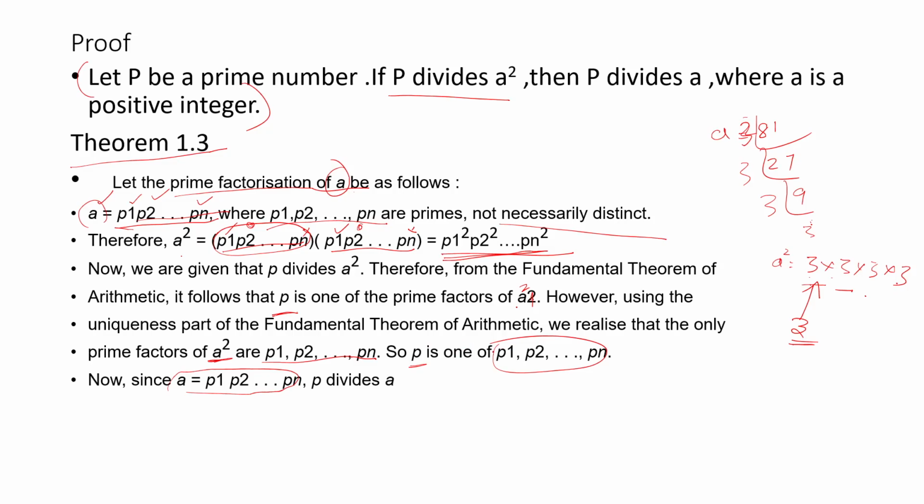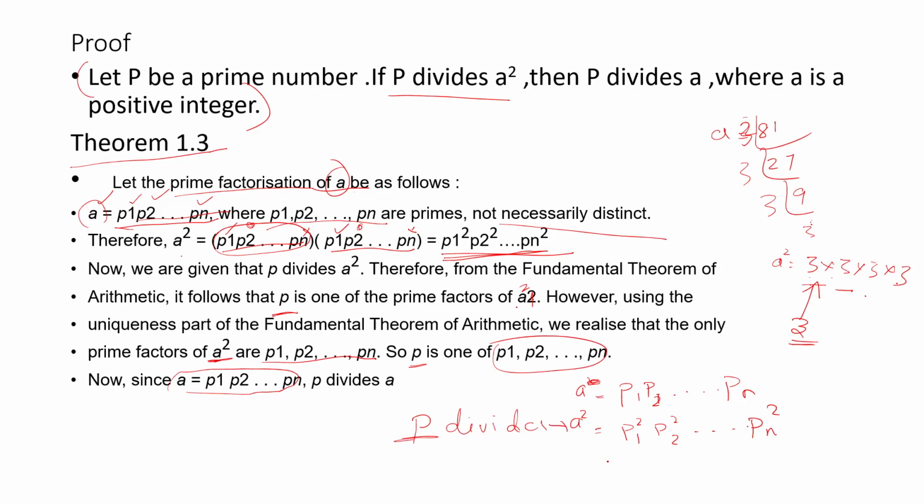See here, we are taking A is equal to P1, P2, P3, etc. up to Pn. So what is A square? A square is P1 square, P2 square, etc. up to Pn square.